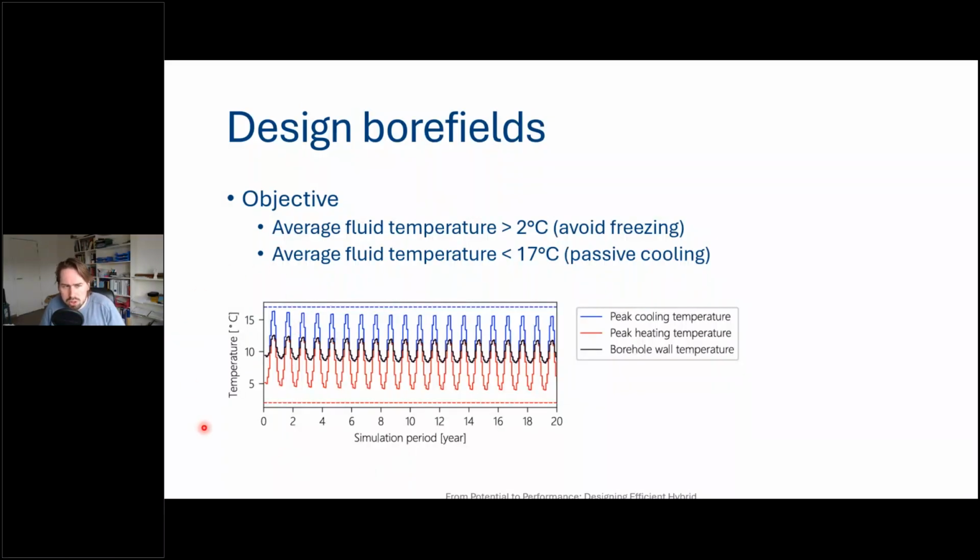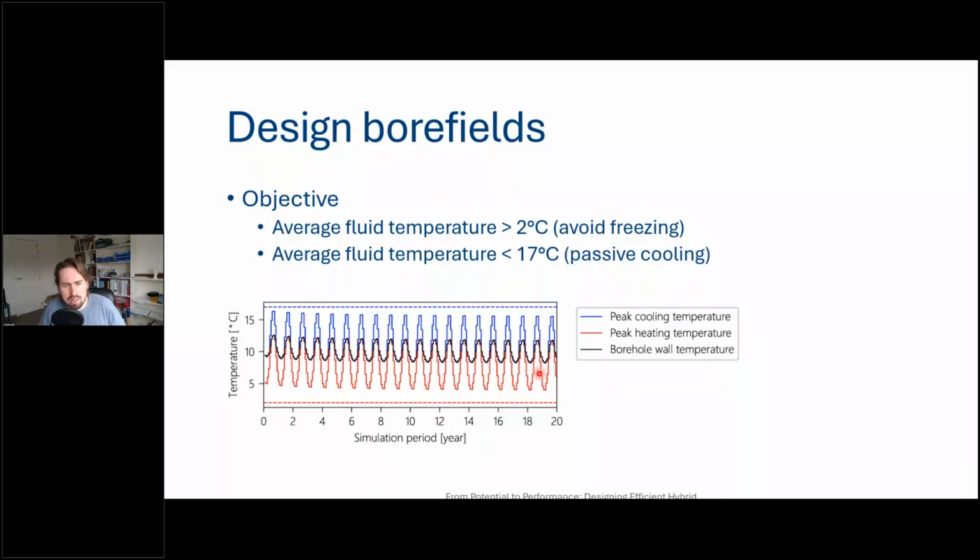And the temperatures, and you see 3 different lines. So we always start with the black line, which is the borehole wall temperature. It's the temperature of the ground at the interface with our borehole. So everything starts from that. And if you're then heating your building, you are injecting temperatures into the ground which are colder than this borehole wall temperature in order to extract the heat.